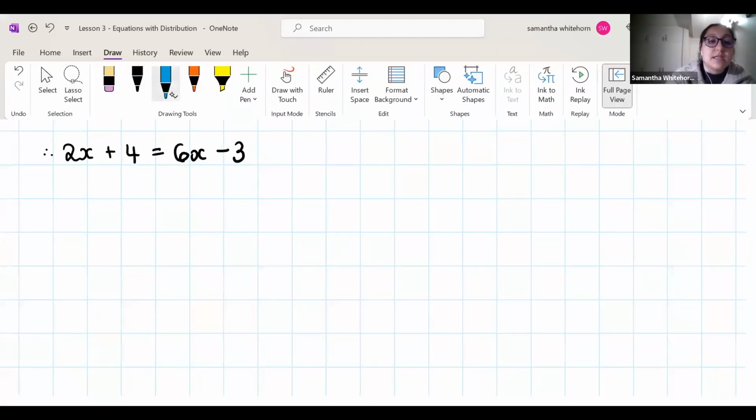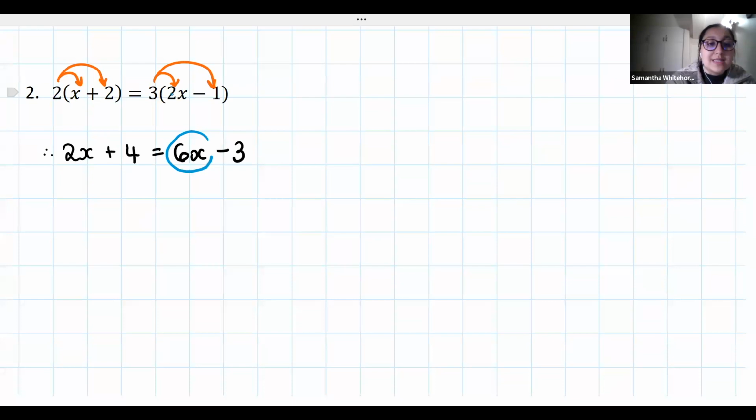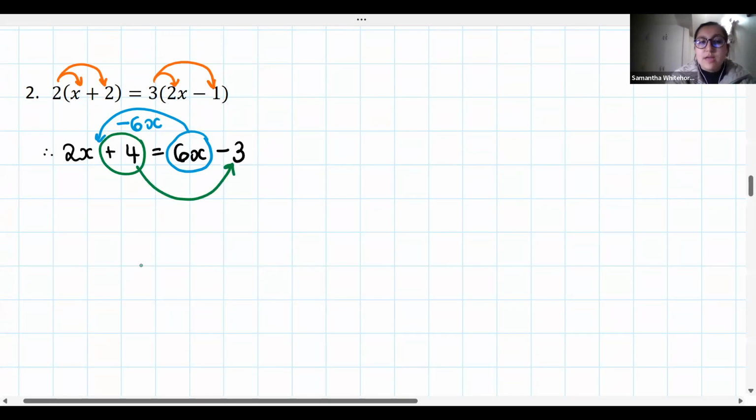So what that means is I'm going to have to take this 6x and move it over to the left-hand side. But the second I do that, it becomes minus 6x. In the same sort of thought, I want this 4 to join the negative 3. But the second I move it over, it becomes minus 4.